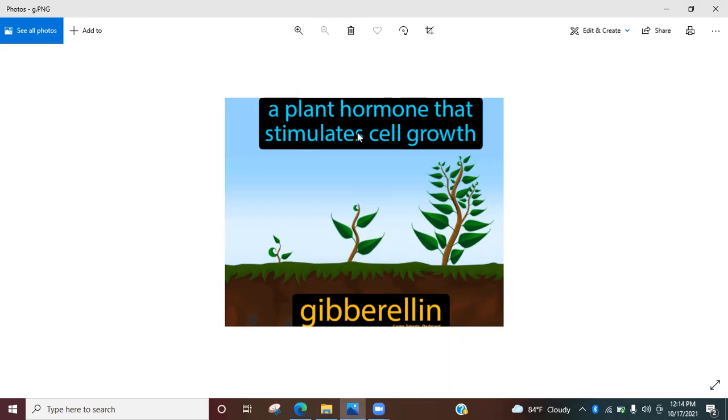It is a plant hormone that stimulates cell growth. This is the simple description of gibberellin.